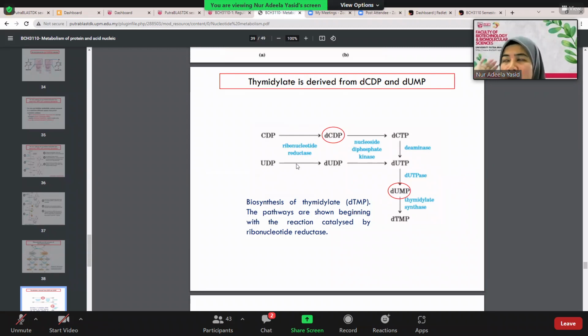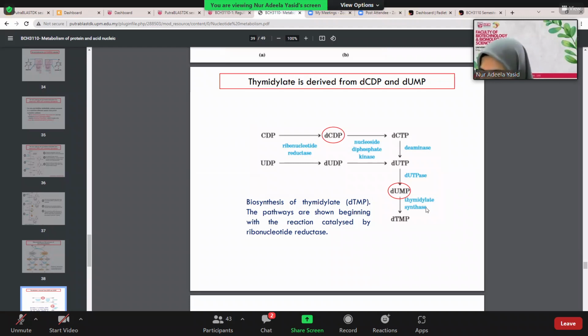From ribonucleotide to deoxyribonucleotide, it is always catalyzed by ribonucleotide reductase. From dCDP to dCTP, it involves nucleoside diphosphate kinase, a phosphorylation, the addition of a phosphate group from di- to triphosphate.